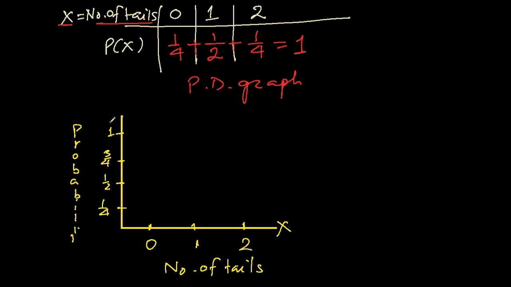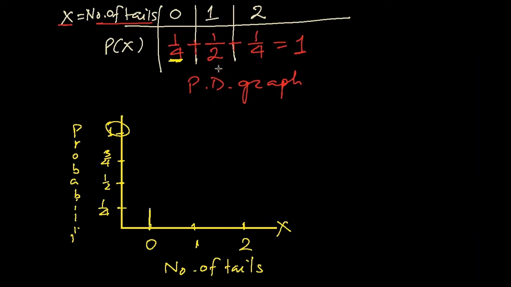I have drawn up to 1, which will not be needed, but still I have gone up to 1 to make it a balanced looking graph. So for 0 tails, the probability is 1/4. We will draw a vertical line, just a line, not a bar like a bar graph or histogram. That's it.